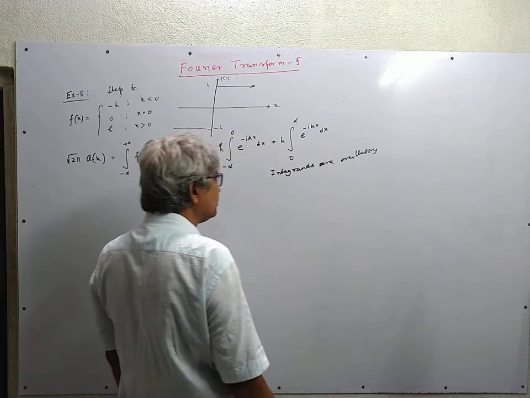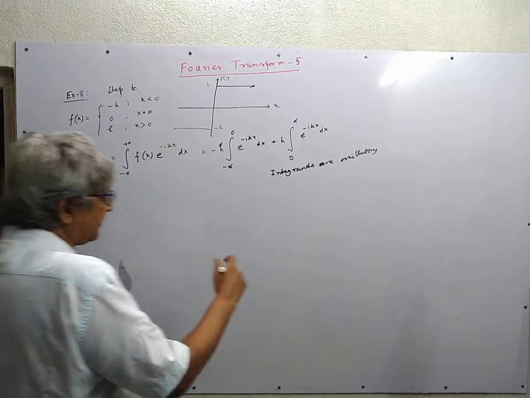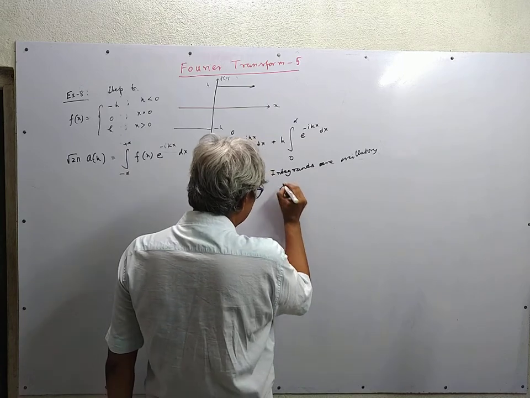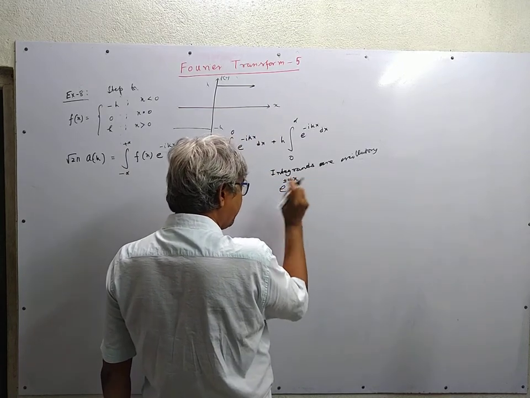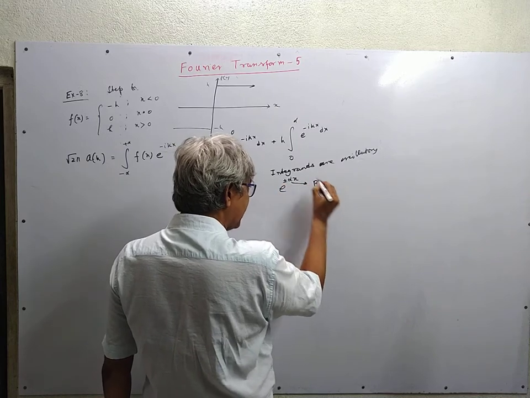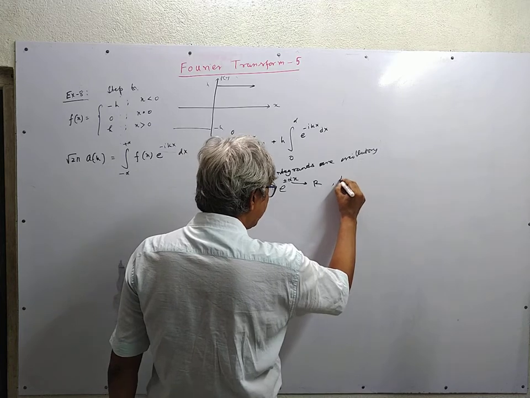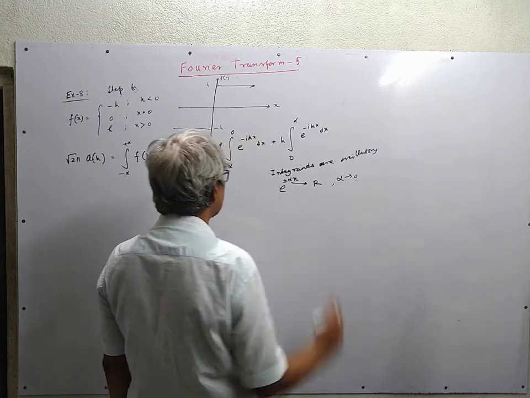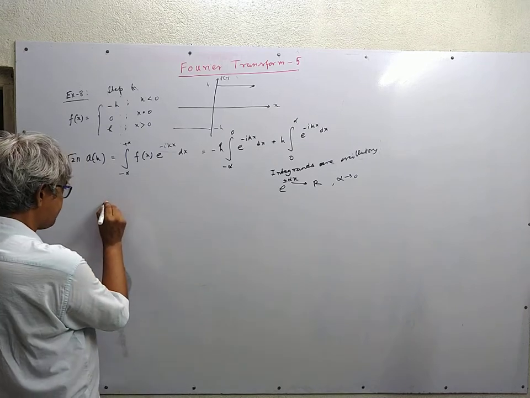So what do we do? We introduce a suitable damping factor, which is e to the power alpha x, with alpha real, and ultimately we will let alpha tend to 0. This is our calculation technique. So what we do is this.